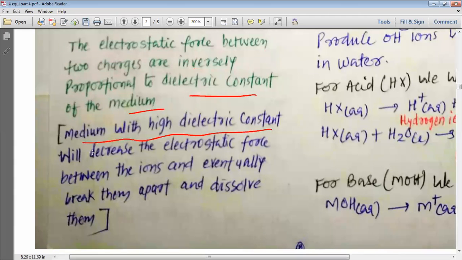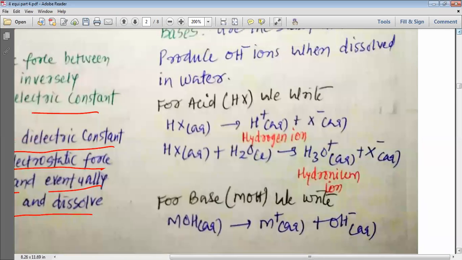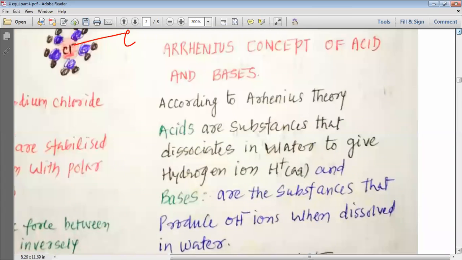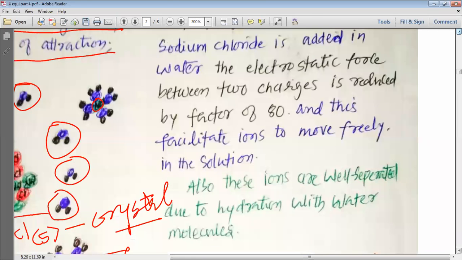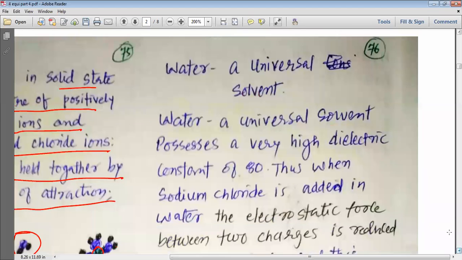A medium with a high dielectric constant will decrease the electrostatic force between the ions and eventually break them apart and dissolve them. Those solvents which have a high dielectric constant can easily dissolve these ionic compounds.